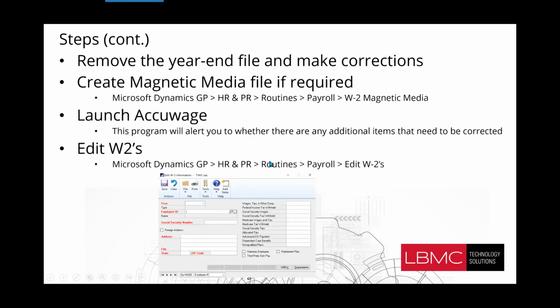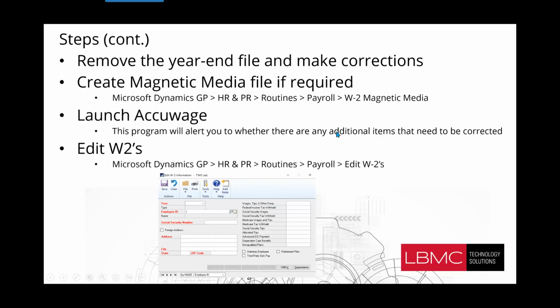You want to remove the year-end file and make the corrections. You want to create your media file if required. And these days, if you're 10 or more, you're required. Launch AccuWage, which is that Social Security program that is used to push your files up to Social Security, and they will alert you if there are any additional items that need to be corrected.